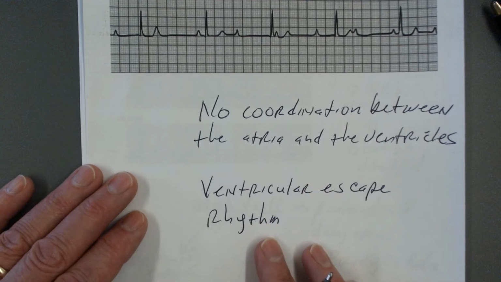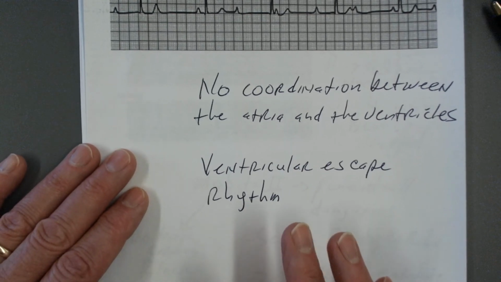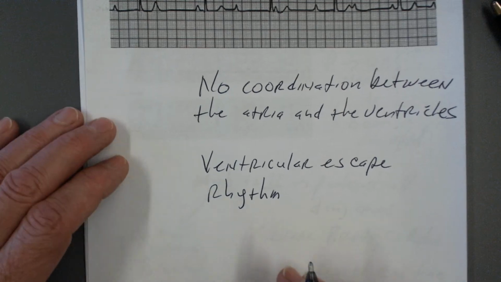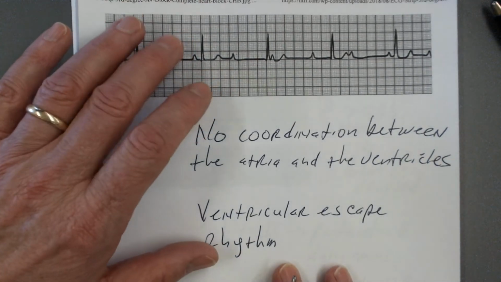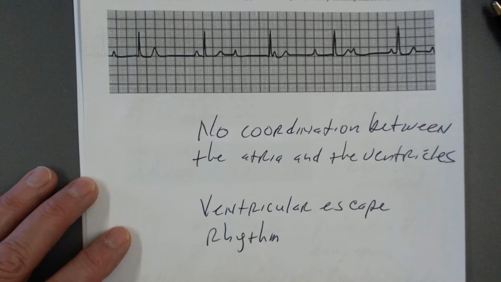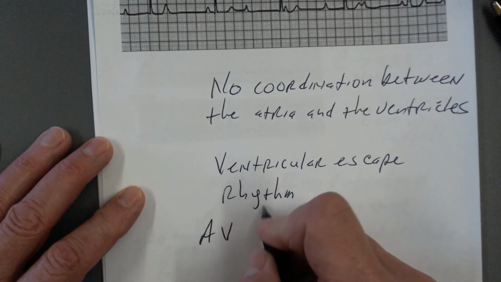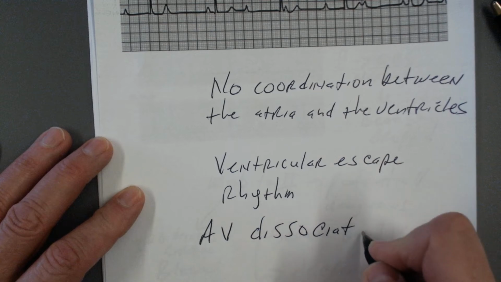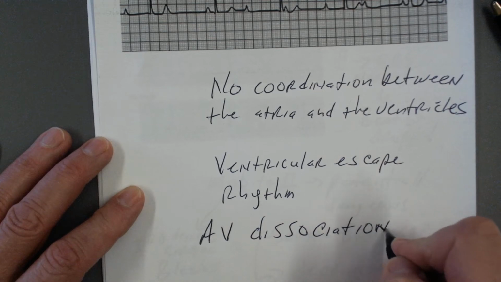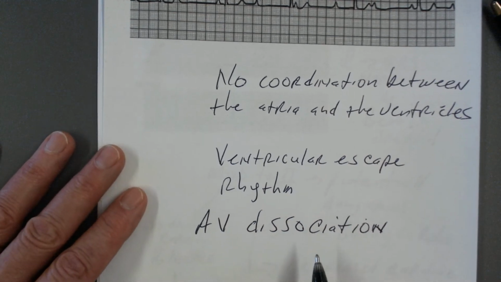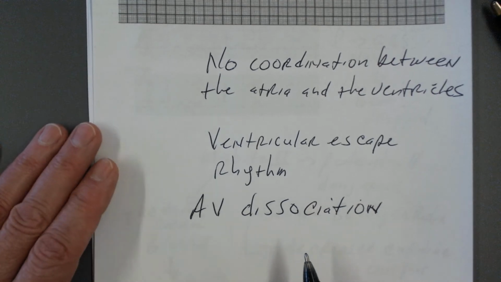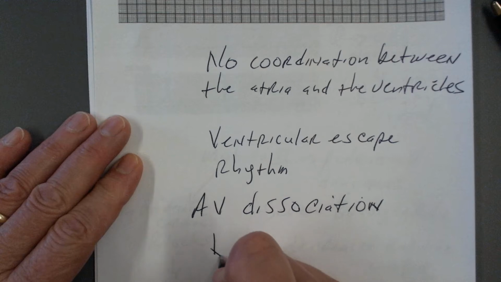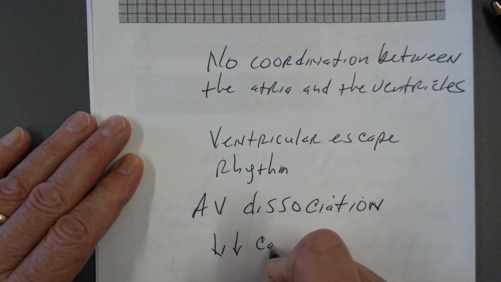Both the atria and the ventricles, in this case, will have their own pacemakers. They now contract completely independently of one another. As you see here, this is called AV dissociation. This desynchronization of the heart chambers greatly reduces cardiac output.